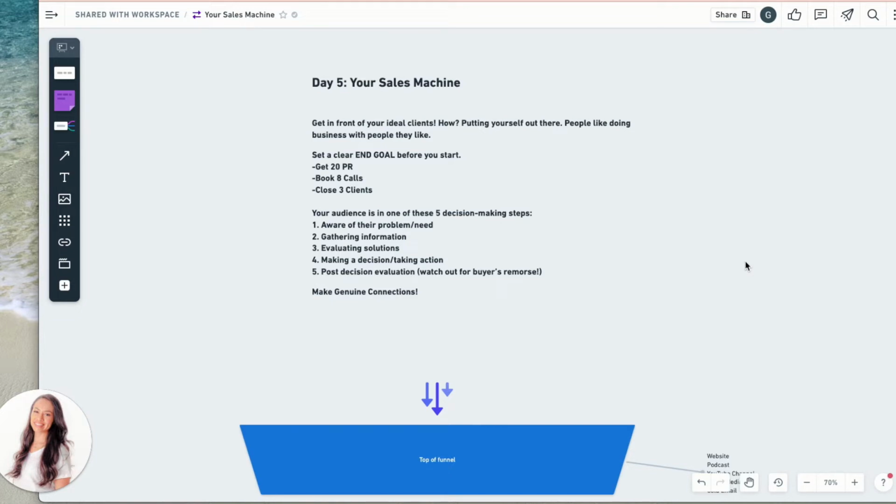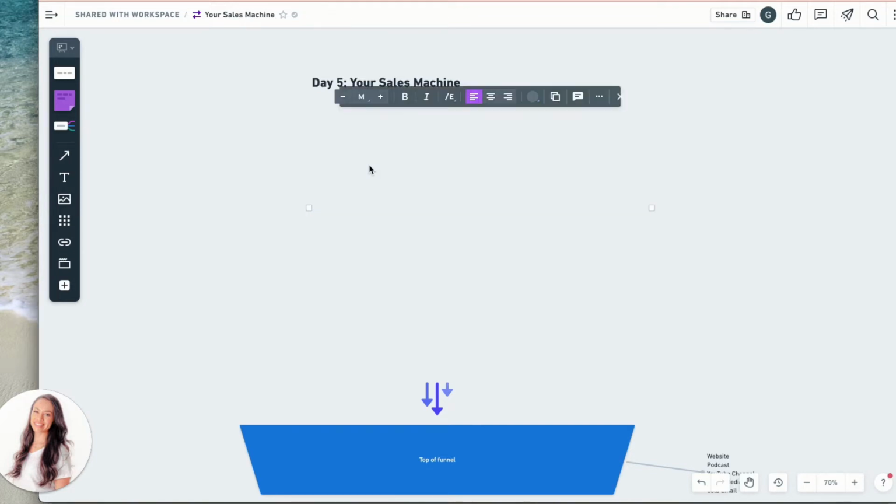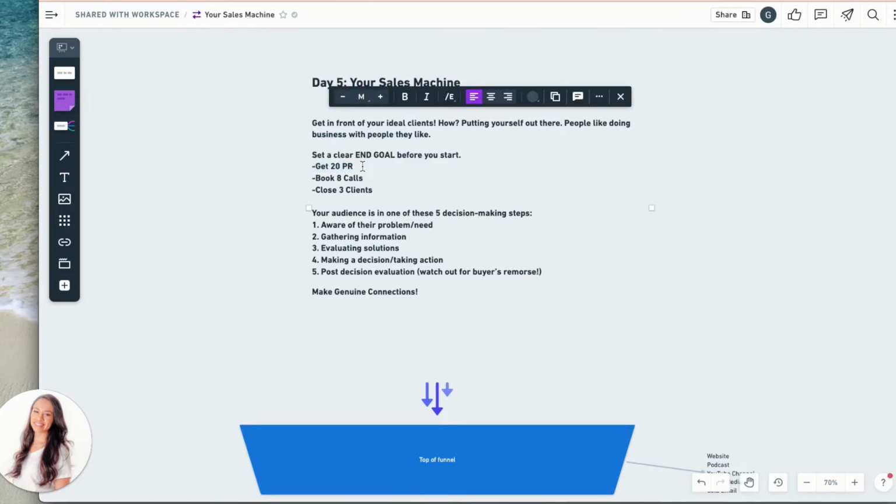Like if your goal is to have 20 positive responses, which is like 20 connections with people in the DMs, that could be it for the week or for the month, and then booking 8 calls and then ultimately closing a number of clients. So having some sort of strategy in place definitely helps, and a goal.